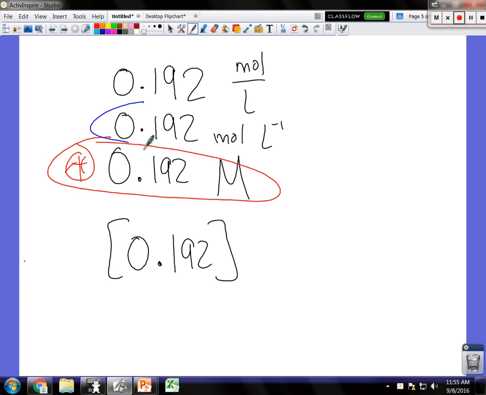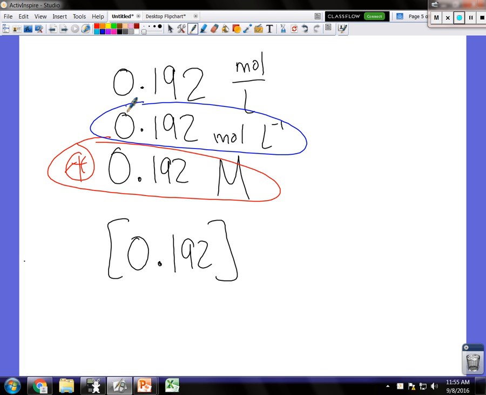This is the version you're going to see typed on a test. Just forewarning you, never write it like that. That's ridiculous. But the reason they type it that way is because it's easier to type an exponent than it is to type a fraction. Now, I agree with you. Wouldn't it be a whole lot easier if they just did molarity as a capital M? I agree. It would make more sense. But technically, mole per liter is more accurate than the letter M, even though it represents the same thing. I understand, but it's telling you what it is.